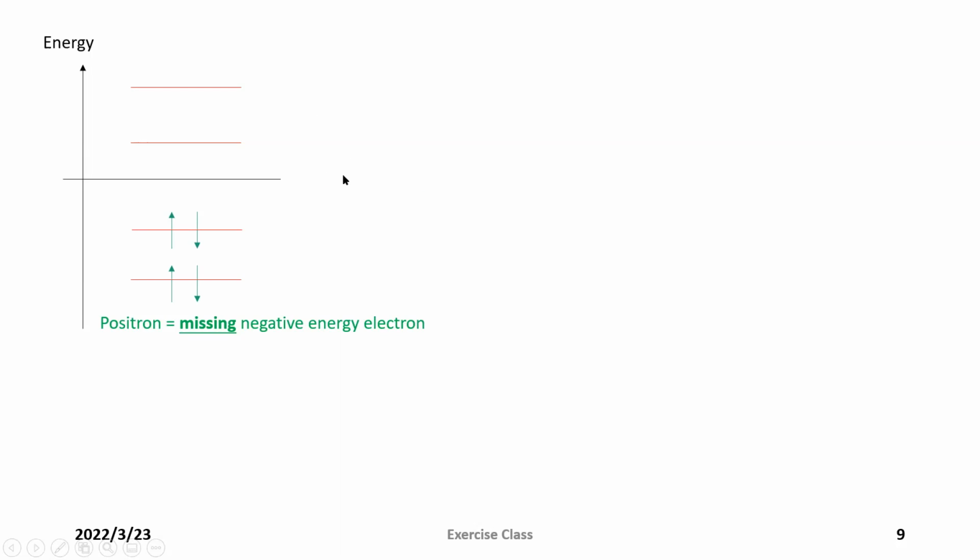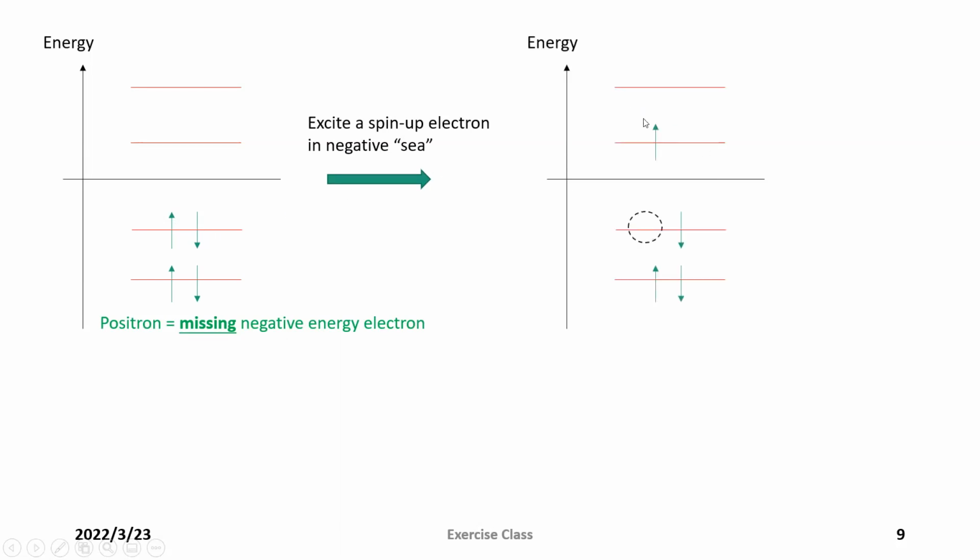So now let's excite a spin up electron in the negative sea. What we'll see will be like this. There's a spin up electron here, and here there's a missing negative energy electron, which will be regarded as a positron.